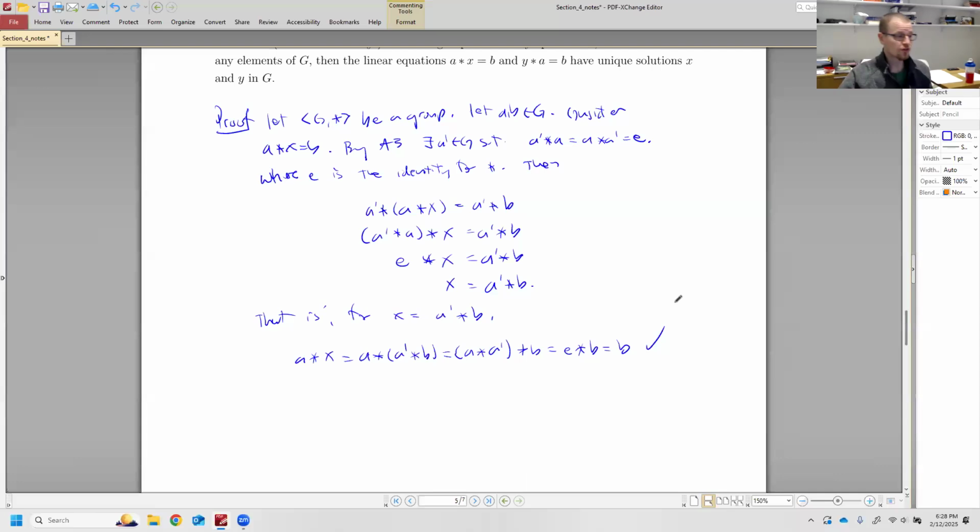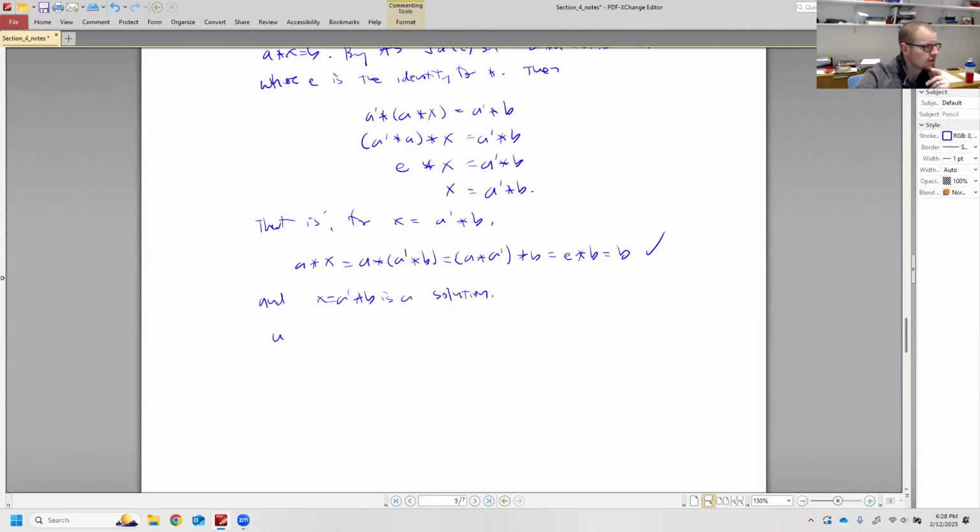So we observe that this is a solution, and x equals A prime star B is a solution. Fantastic. Now we just have to show that it is unique.